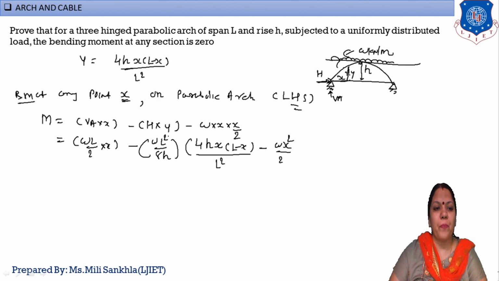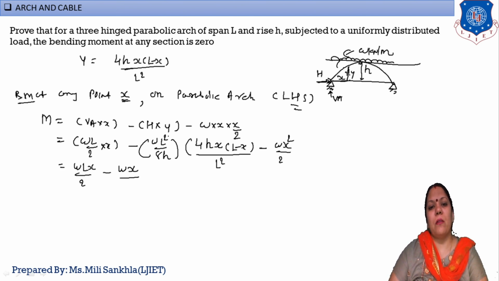Now our first term is equal to WLX by 2, and here one by one L square cancels, H cancels. And 4 over 2, 4 W L cancels, W X by X. W multiplied by this term is simply W L by 2, and my inner term is W X square by 2, and this is minus W X square by 2.